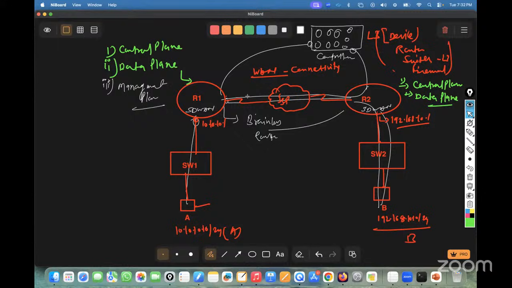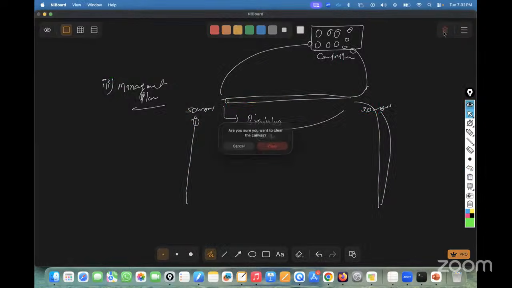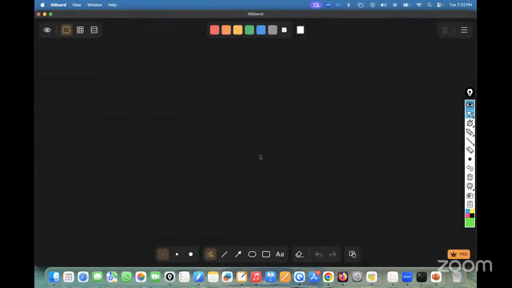Earlier we had the direct communication. My individual routers were making the communication. Let me erase this and draw it nicely. But let's suppose this is my SD-WAN router 1. This is my SD-WAN router 2.